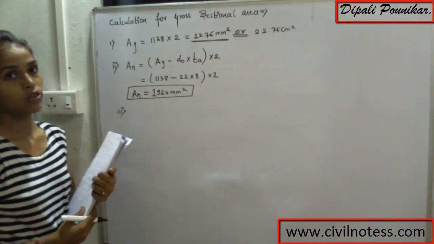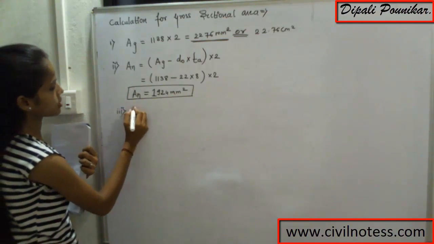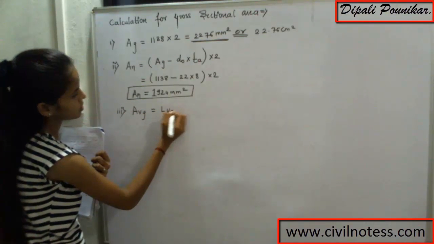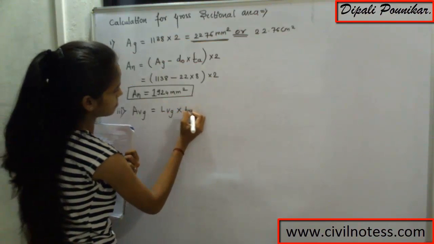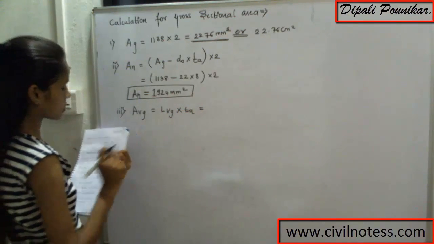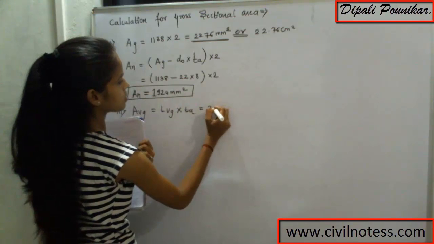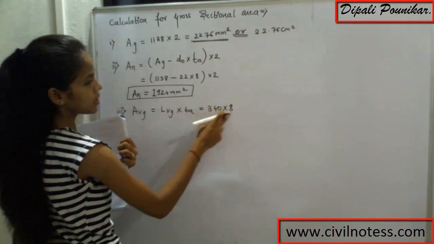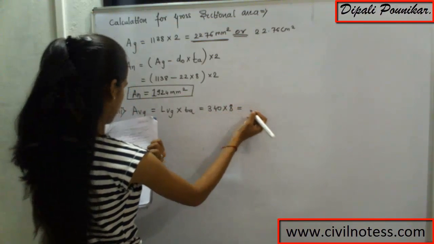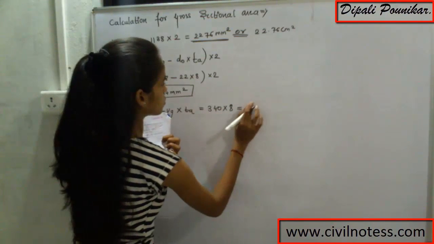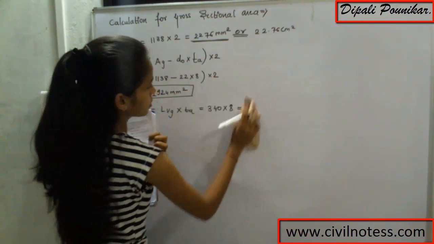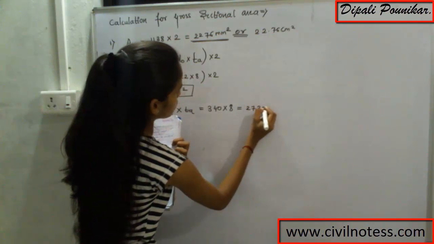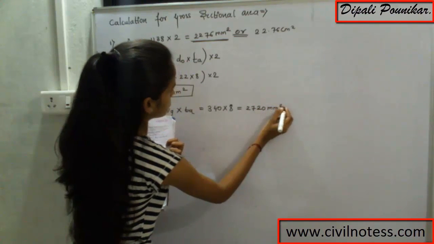After that, we have to calculate the value of ABG by the help of LBG into TA. The value of LBG, which is already calculated, is 340, into TA, the thickness of angle, which is 8. After calculation we get 2720 mm square.